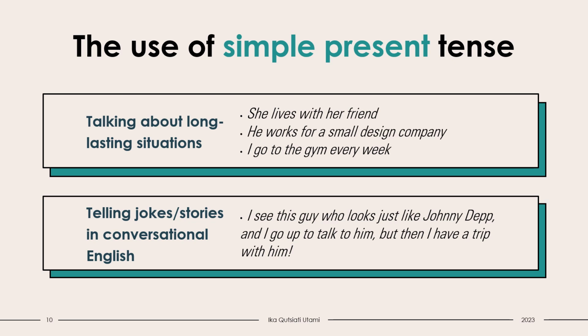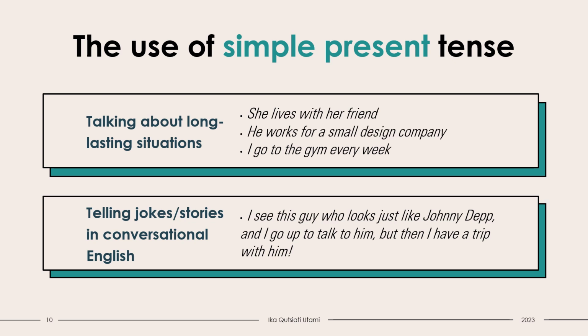We also use the present simple to tell jokes or stories in conversational English. Imagine you are telling a story to your friends. What verbs would you use? You should use the past, right?